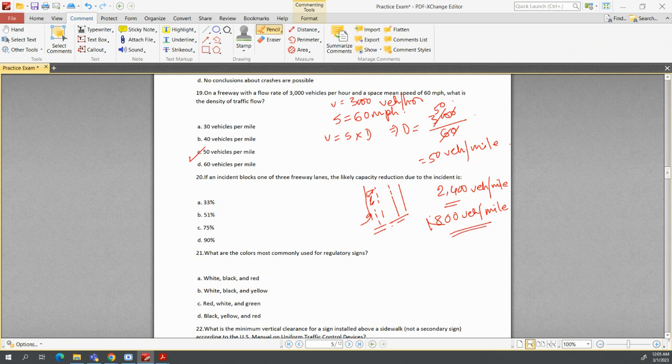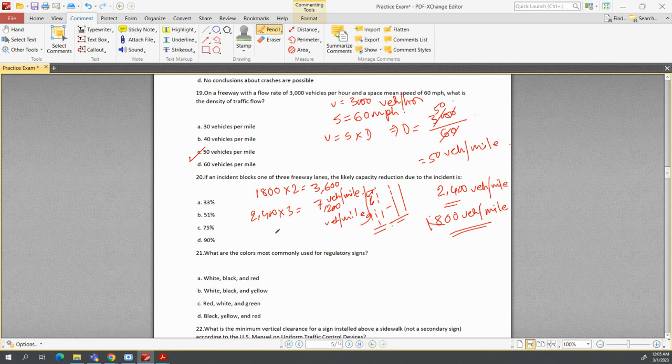That is a usual state at that point of time. So for two lanes, how much capacity? 1800 times 2 is 3600 vehicles per hour. That much it can fulfill. And initially, how much was the actual capacity? It was 2400 times 3, which is around 7200.